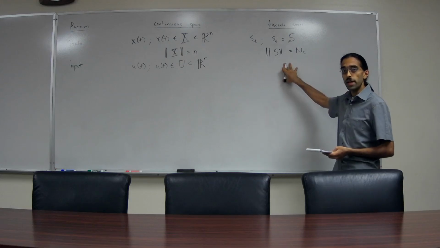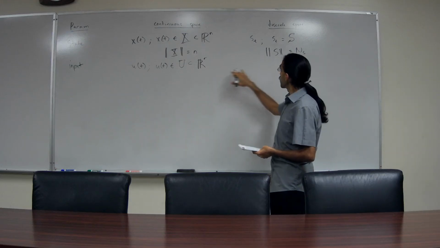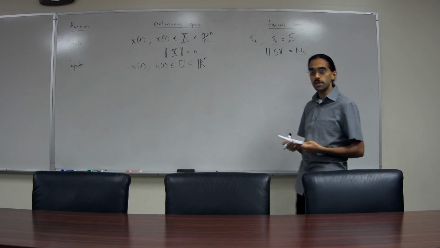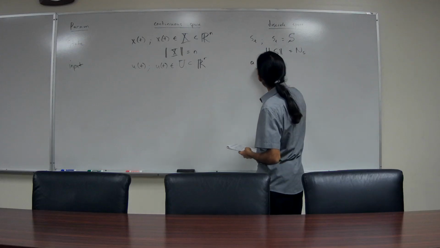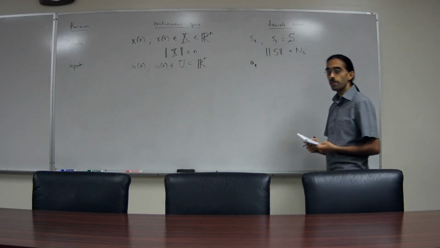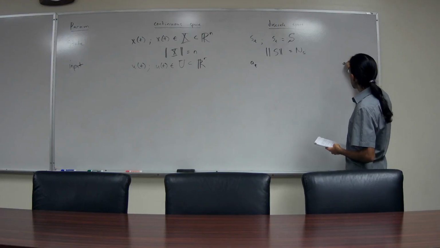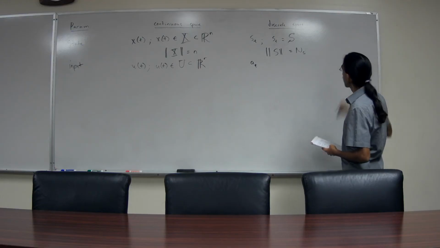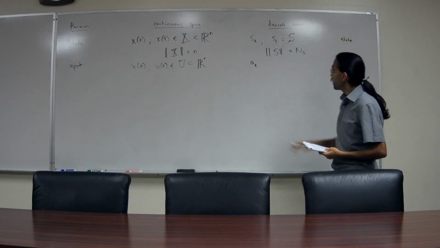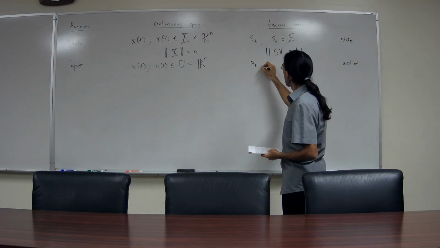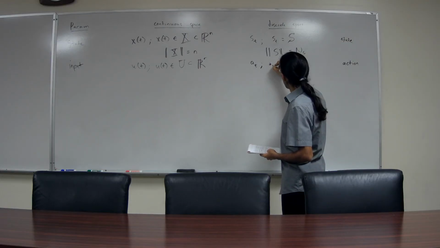In our discrete space, we're similarly going to have an input to the system, but rather than call it u, we're going to call it a, again indexed by t. This is because it's going to be known as an action. The state is still a state, but now we have our actions.